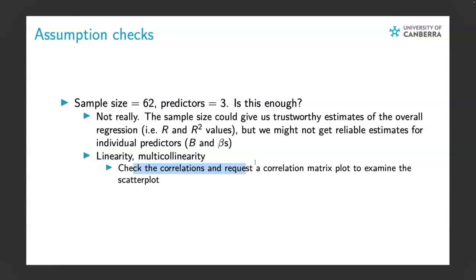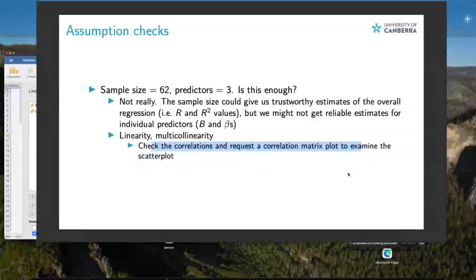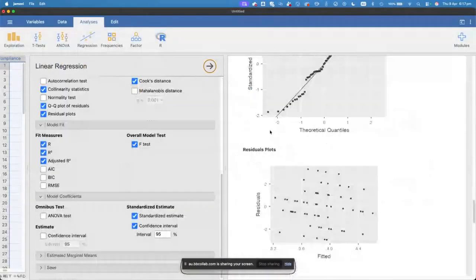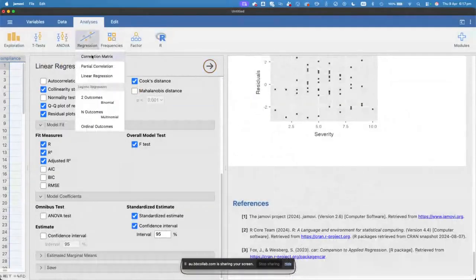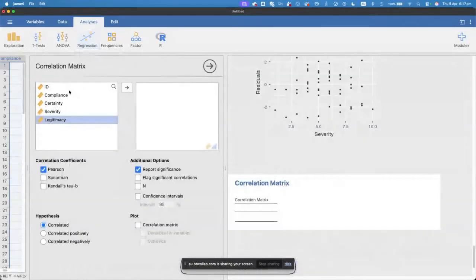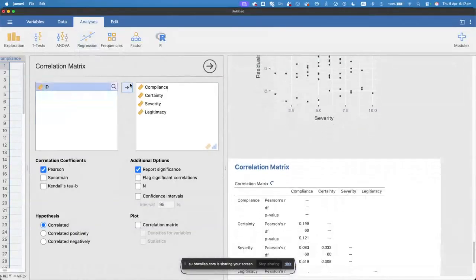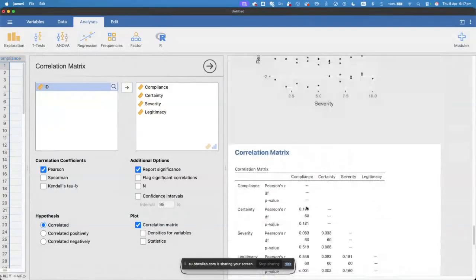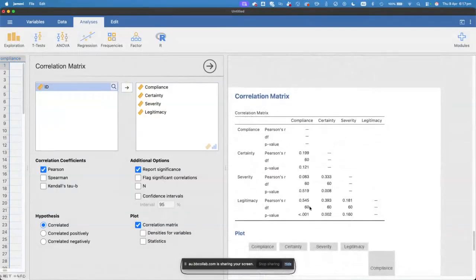Linearity and multicollinearity: we need to check correlations and request a correlation matrix plot to examine the correlation. We'll run it again rather than loading it up. So we'll go Regression, Correlation Matrix, and this time we're popping everything across. Okay, and the plots. Let's start with the correlation matrix.